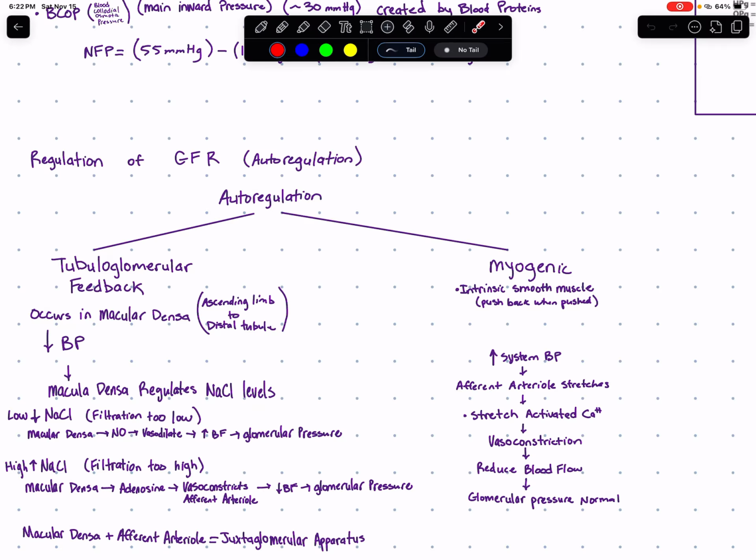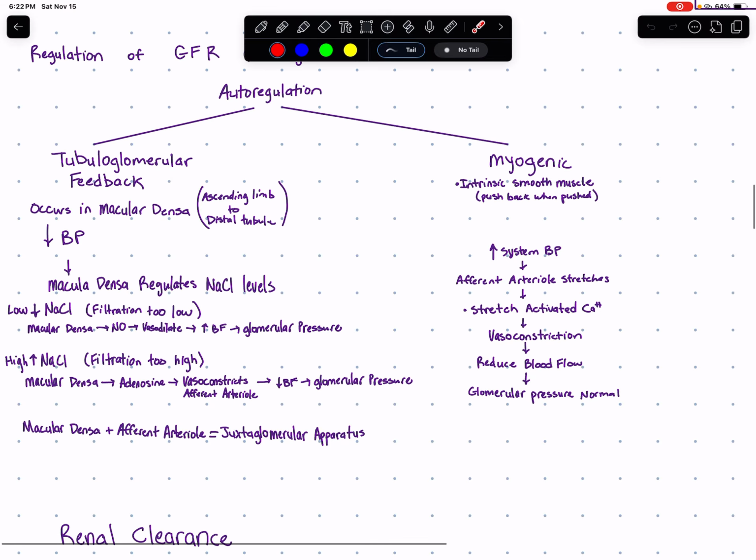Lowering blood pressure would tell the macula densa to regulate NaCl levels, and if your NaCl levels are too low, that's going to tell nitric oxide to vasodilate and increase blood flow to get your blood pressure back up. And high sodium chloride, the exact opposite, vice versa. So your macula densa and your afferent arteriole make up the juxtaglomerular apparatus.